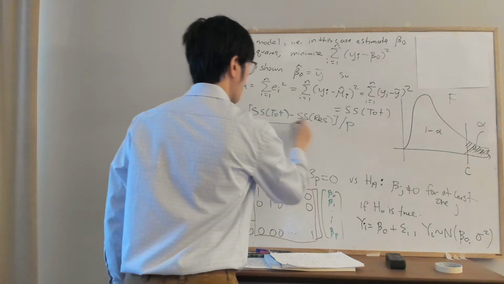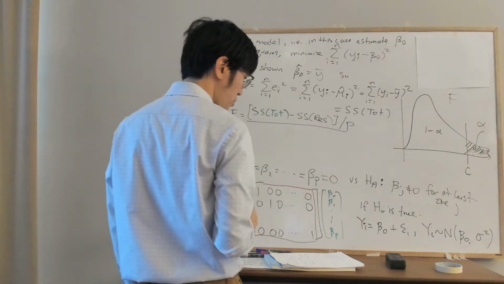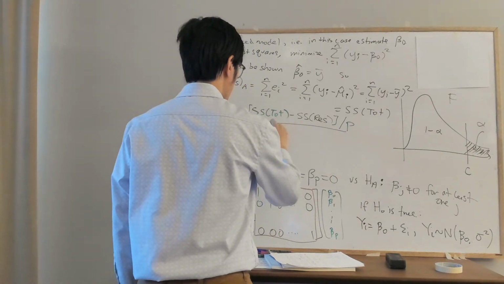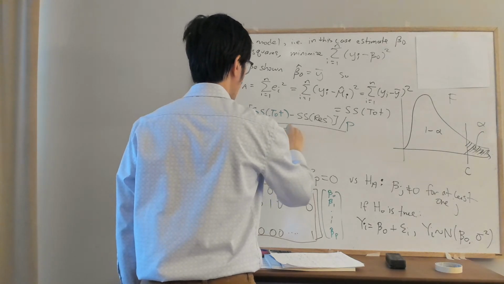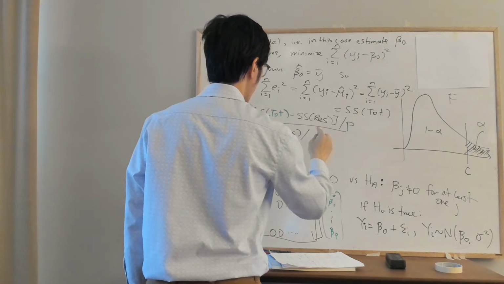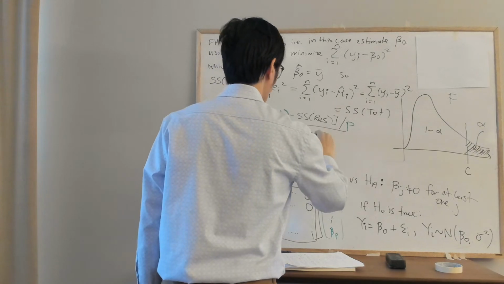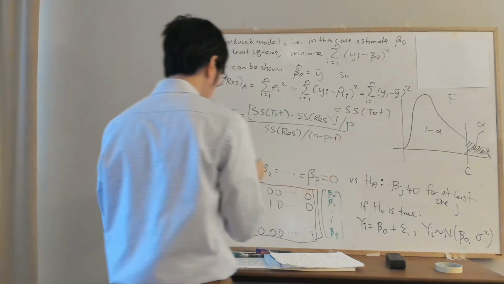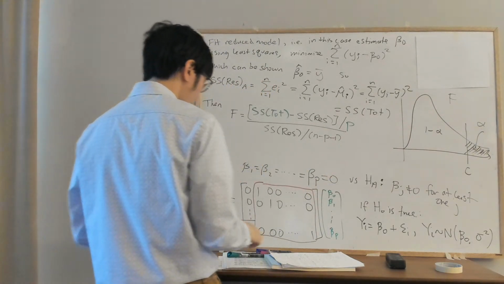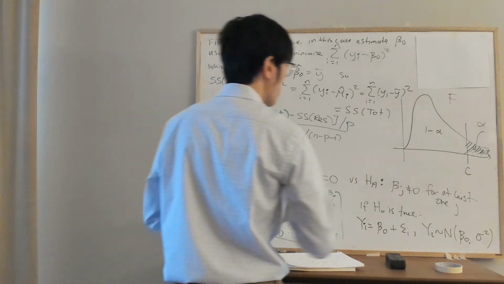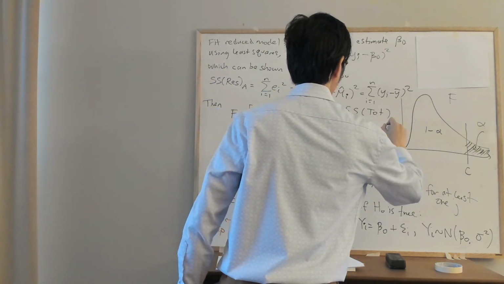And then on the bottom is what we usually have: the sum of squares residual divided by n minus p minus 1. So this is true for this special case.